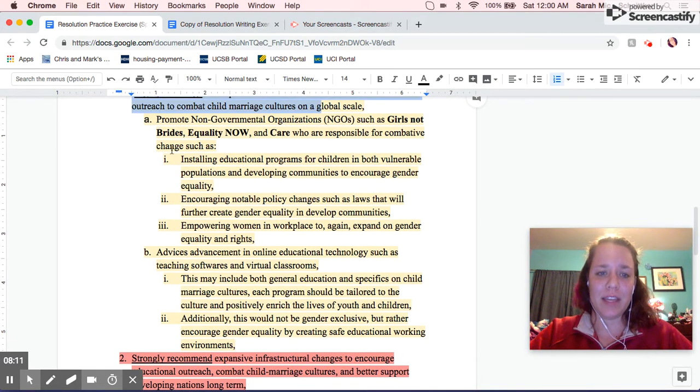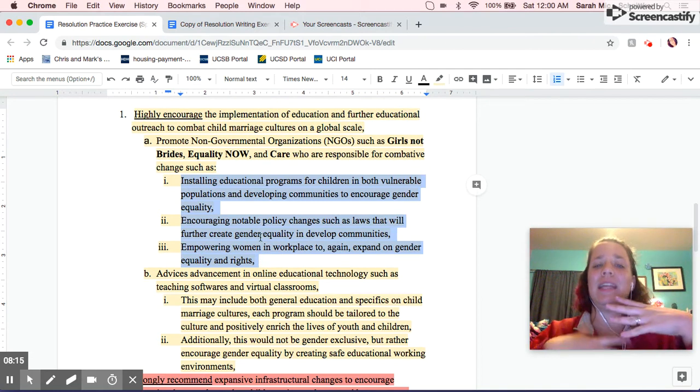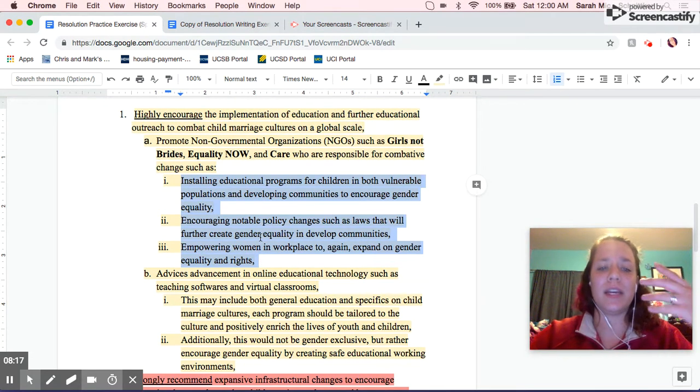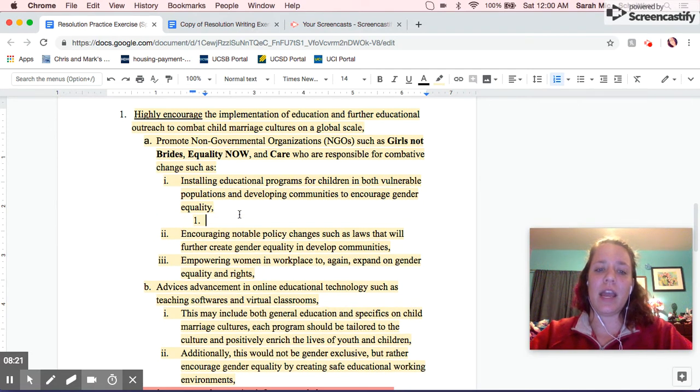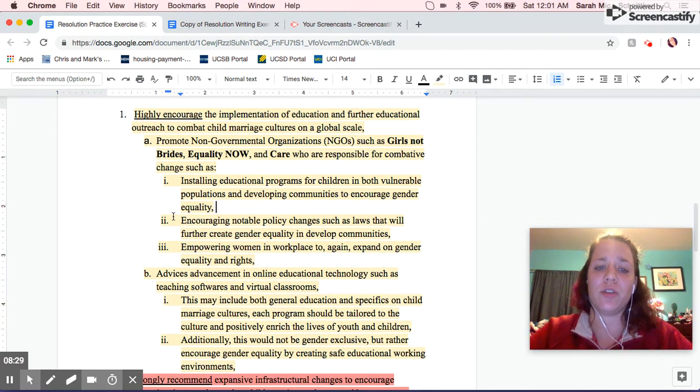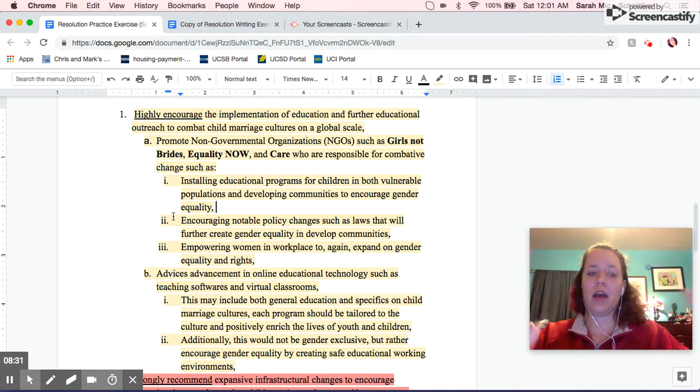If you have this, and say you didn't have any of that, that's fine. It would help to build your idea, but what you wouldn't want to do is underneath this idea go down and just have one line of one thing right there. It disrupts your flow, and it disrupts the strength of your overall operative clause.